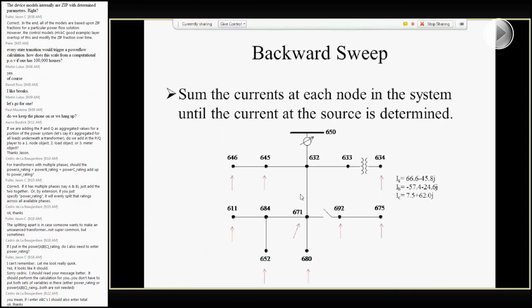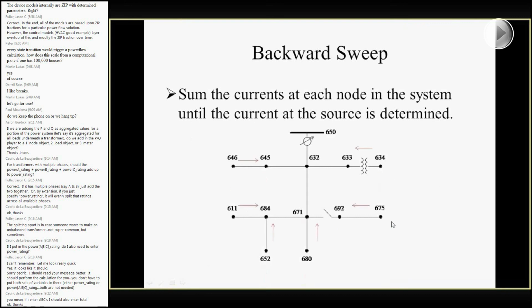So if you look at the backward sweep, basically you're figuring out what the load is on all of the system. You're figuring out those current injections at each one of those points. And then you turn around and you aggregate those and start to sum them up, moving up the branch. So the backward sweep is basically you start at the lowest point on the system and you work your way up to the highest.